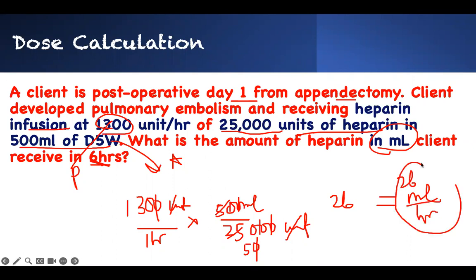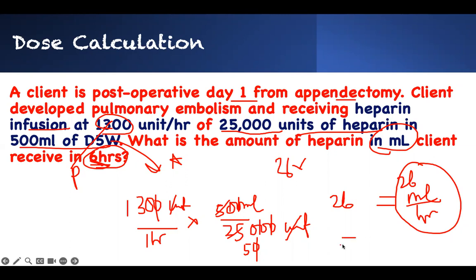So that's what the patient is going to receive. But look at the question. What is the amount of heparin in ml the client receives in 6 hours? So 26 times 6. Every hour he is receiving that much, so in 6 hours you just multiply by 6, basically. So 26 times 6 is 156.